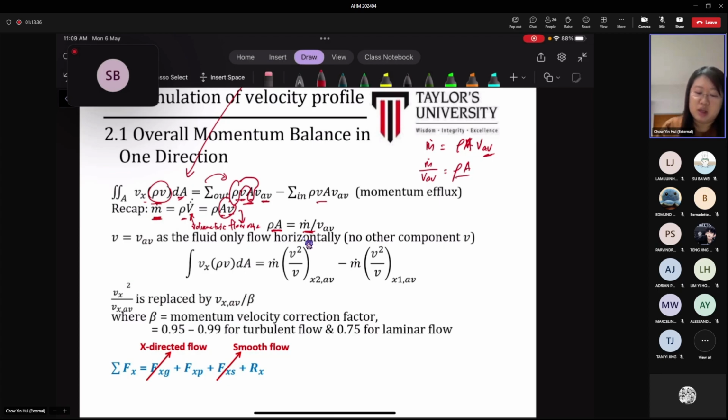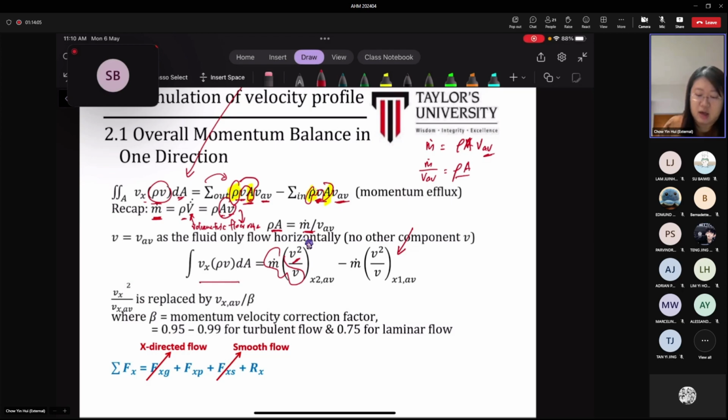So substituting it into this part of the equation, all right, that's why you can see here you have v squared, so the v here multiplied to the average velocity gives the square of the average velocity. All right, so density and area are substituted by the mass flow rate divided by the average velocity. Then it can be expressed in this form now for the net momentum efflux.